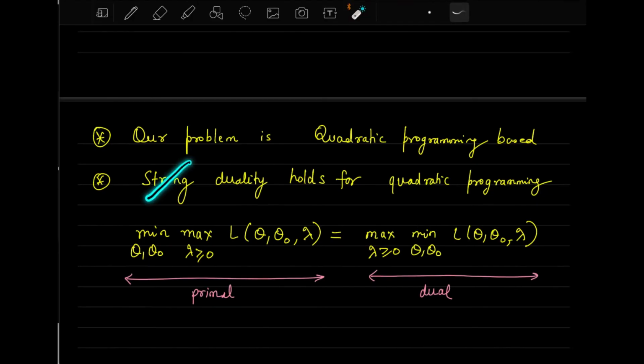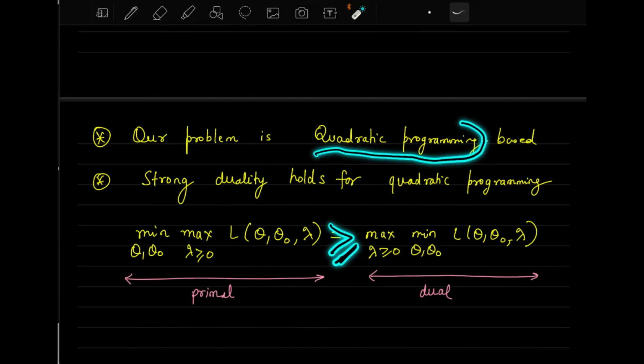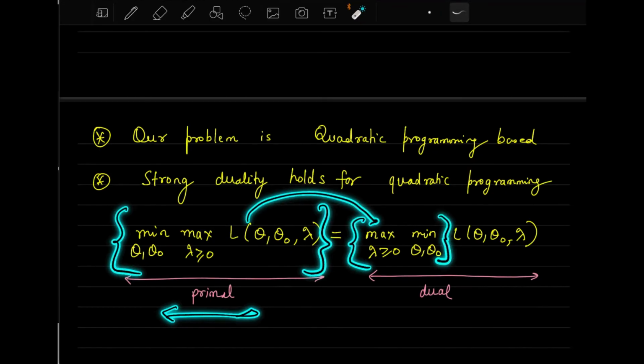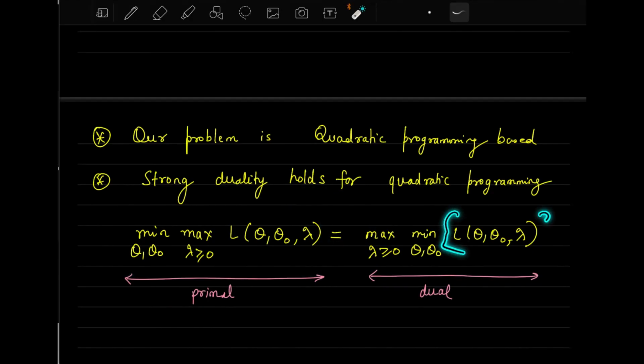If it is not strong duality, then there will be a greater than or equal to sign. But since we are doing quadratic programming, and quadratic programming problems are basically convex optimization problems, we can replace this greater than or equal to by an equal to condition. So the primal solution that we had here, we can replace by this operation, which is max min of the Lagrangian.